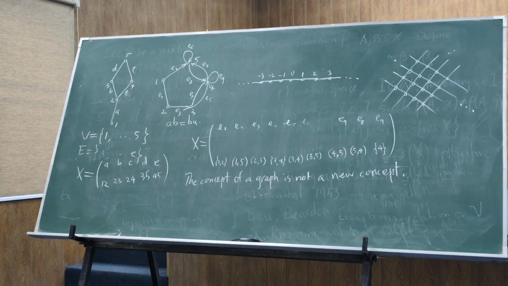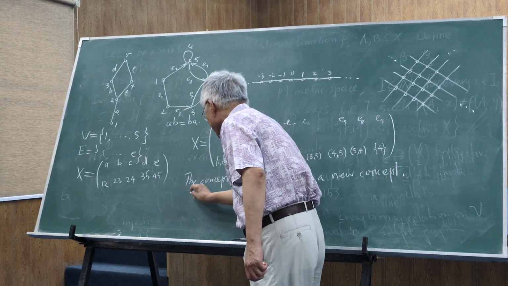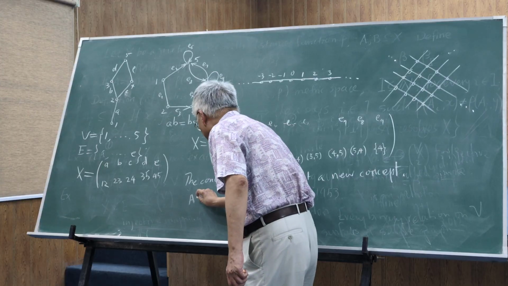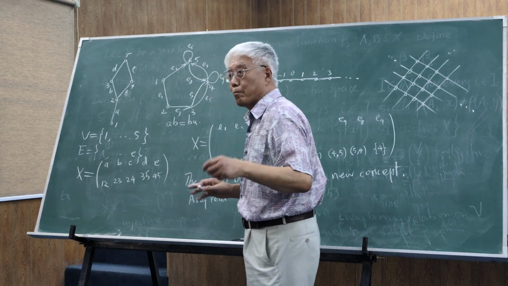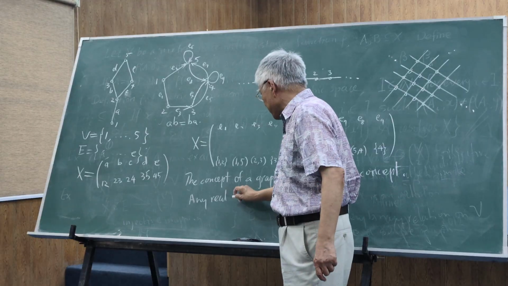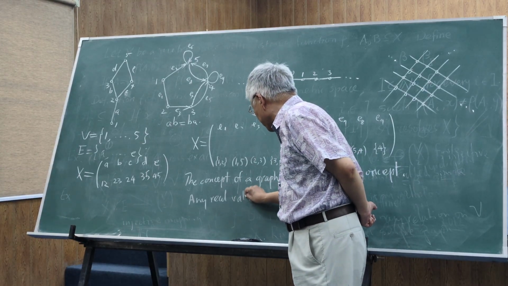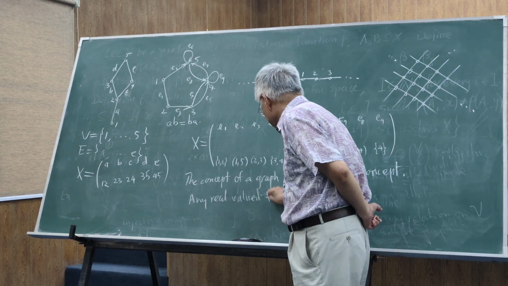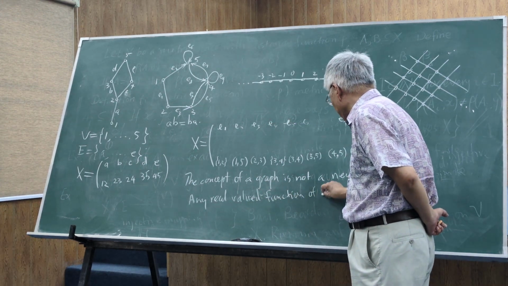Graph of a function of one variable, let us say, a real valued function of one real variable. It's a graph, isn't it? Let me consider any real valued function, complex variable, no problem, but one variable. Many variables also the same thing. Let us just consider a real valued function of a real variable.